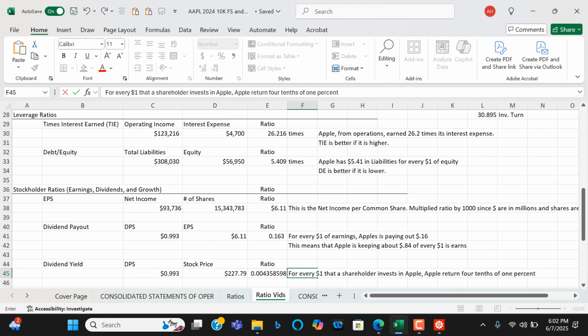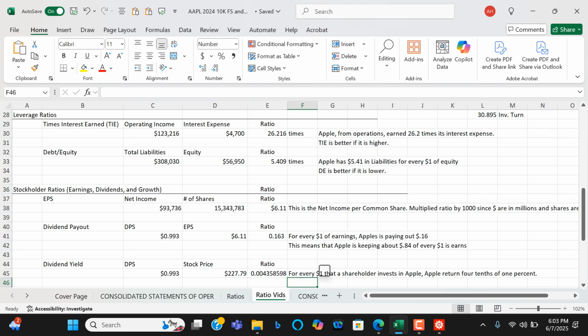It's not even 1%, 0.004, which is minuscule. I mean, you're not going to buy Apple for that. That's even below savings account interest rates when they're low.